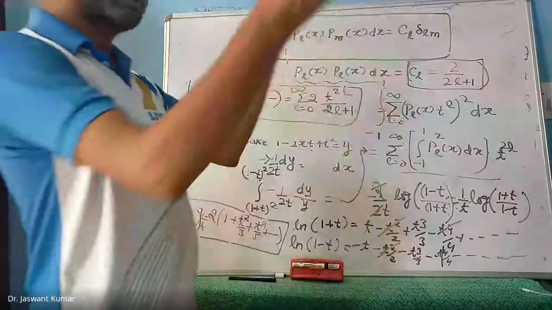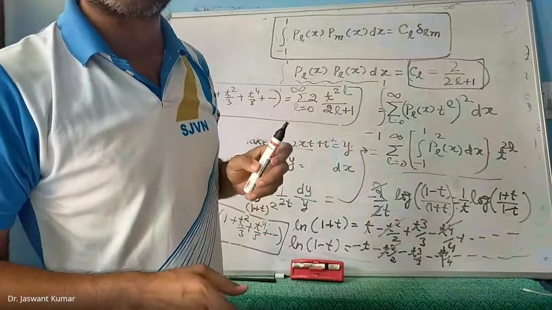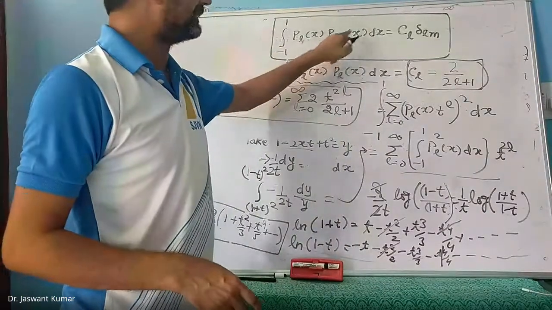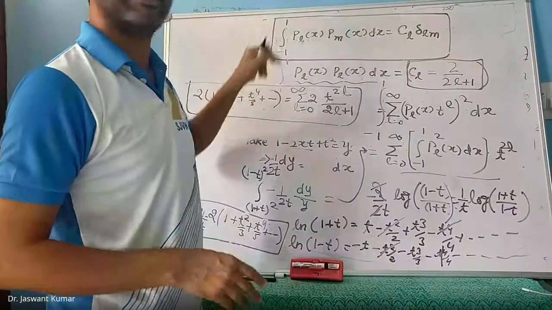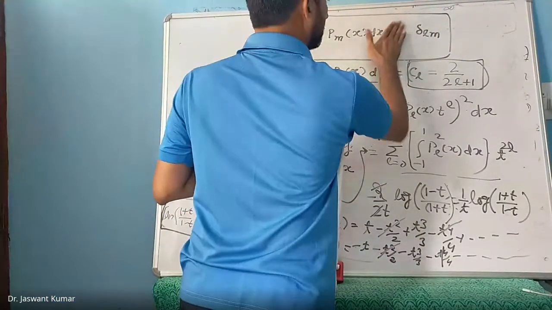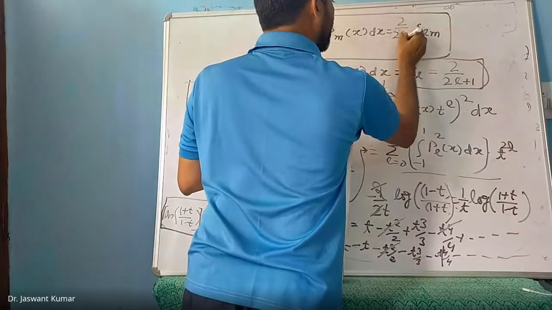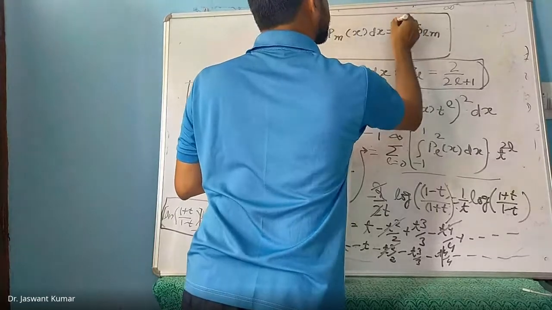So, this gives you the overall orthogonality relation. It tells you that the integration of PL(x) PM(x) dx between minus 1 and 1 is nothing but 2 by 2L plus 1 times delta LM.